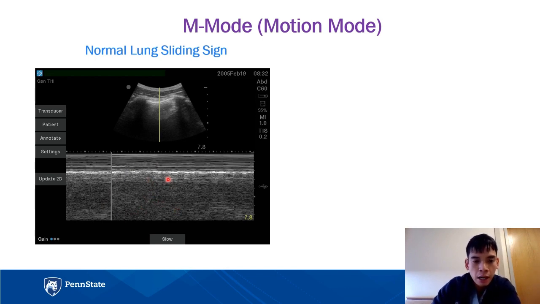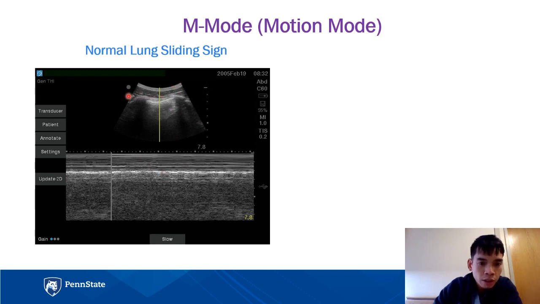So you can interpret that your skin, your musculoskeletal layers, and your bones won't be moving. Therefore, they would be projected as these stagnant horizontal lines here.